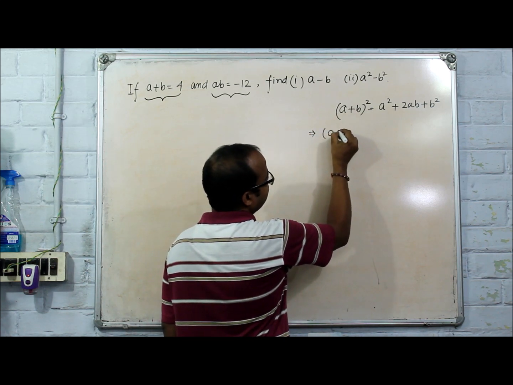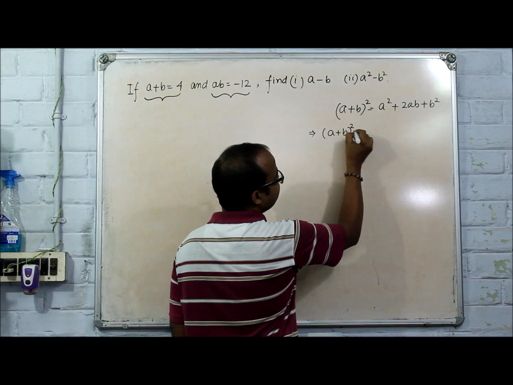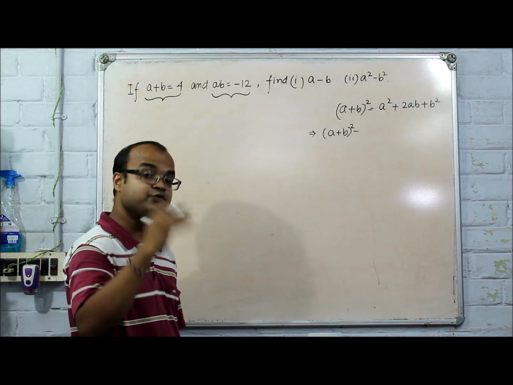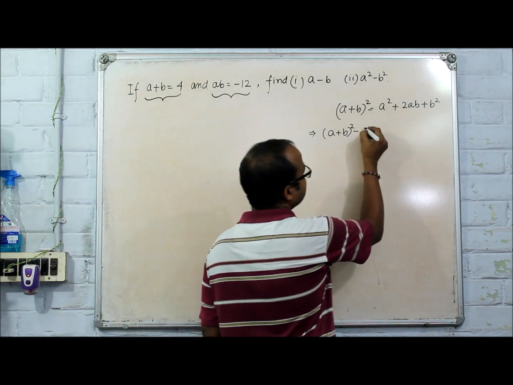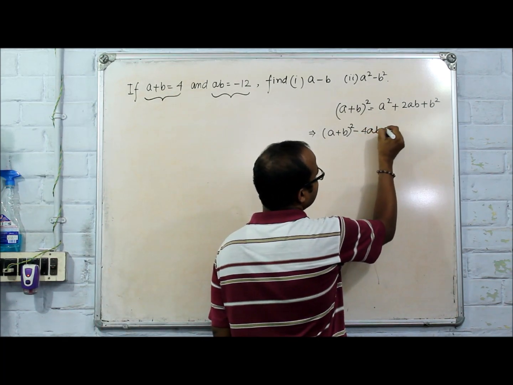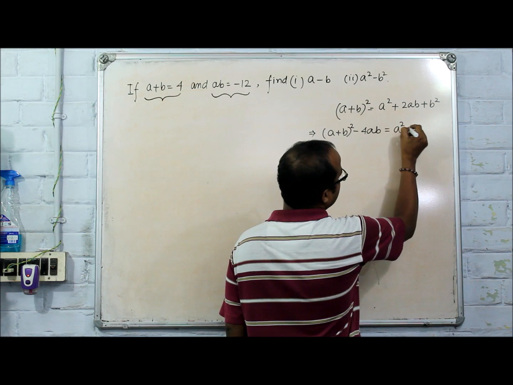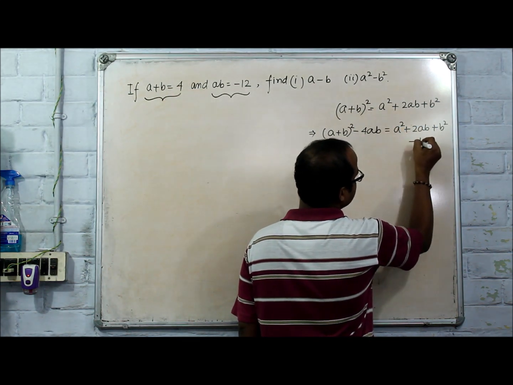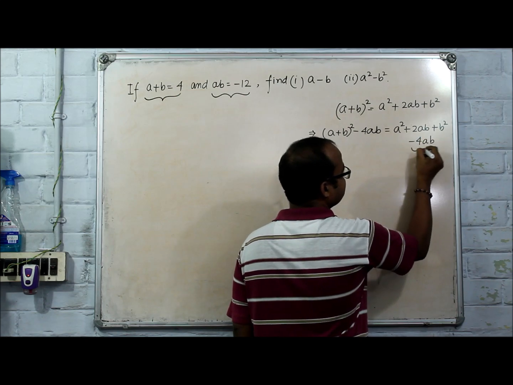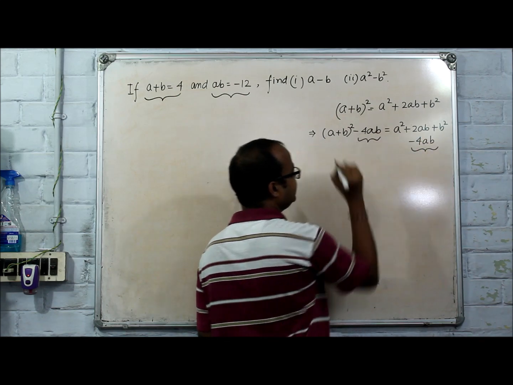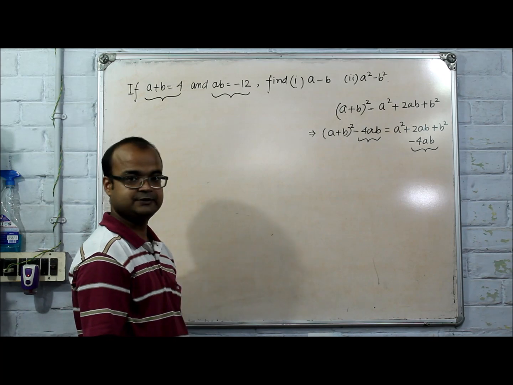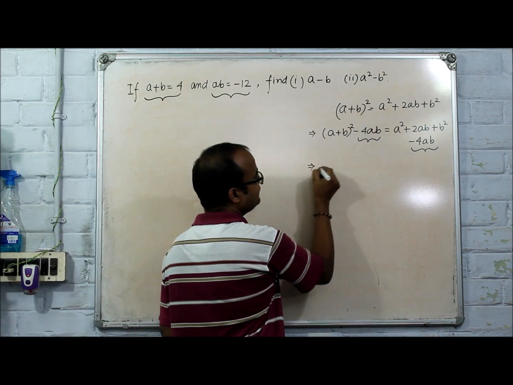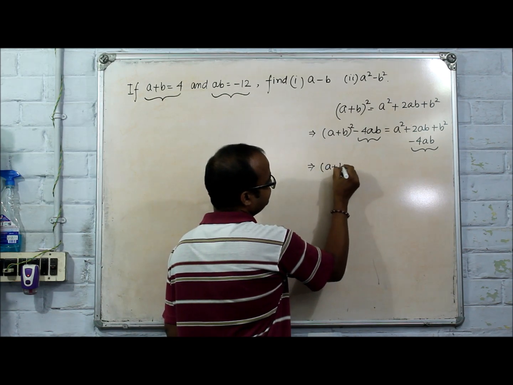Now a plus b square. Now I am subtracting the 4ab term from both sides. Let this term stay like this only, it will not simplify.